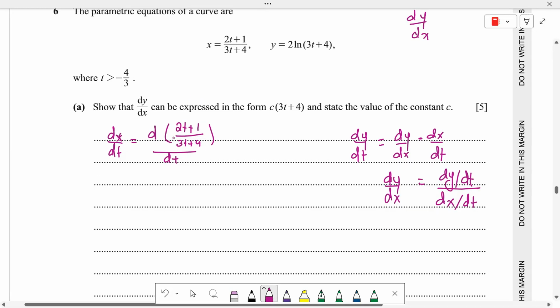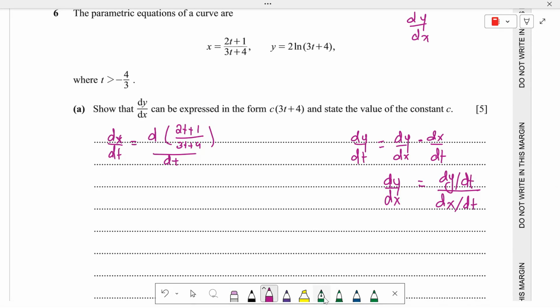dx/dt is equal to the derivative of (2t + 1)/(3t + 4) with respect to t. Okay, we can apply the quotient rule, which says that the derivative of u over v with respect to t is equal to (v times the derivative of u minus u times the derivative of v) over v squared. In this case, this one is u and this one is v.